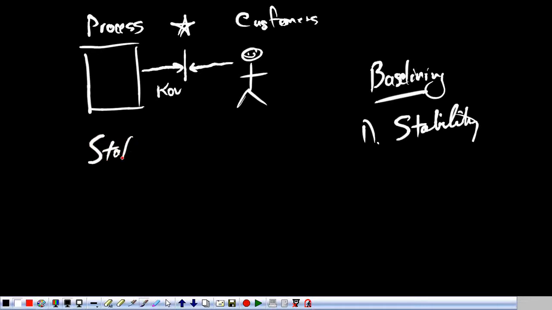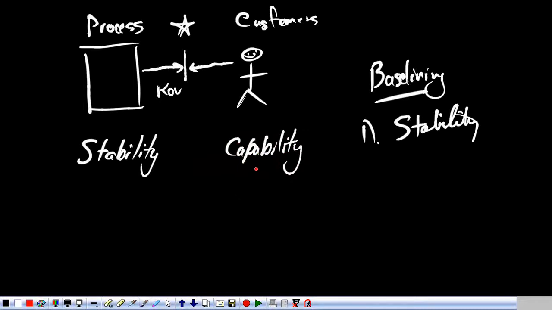So stability is a process, or inward-looking, thing. We can't just do stability, but it's important because it can help us understand whether we're capable of meeting certain things. And then we also want to look at it from the customer's perspective, which is called capability.